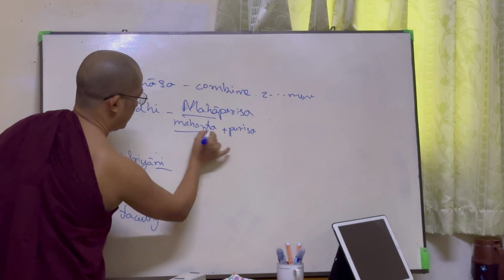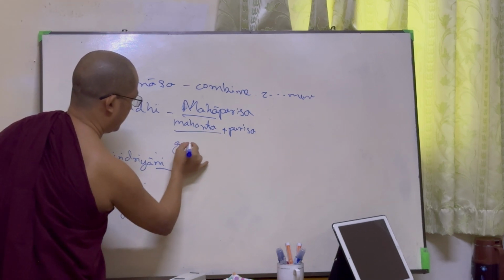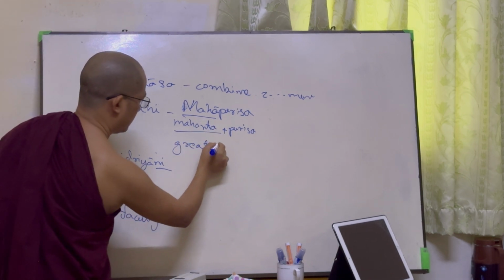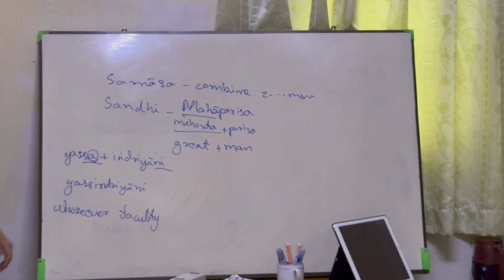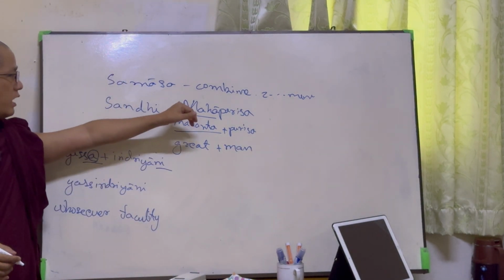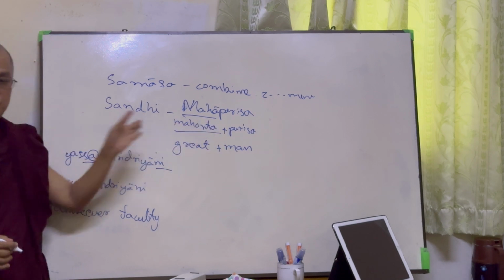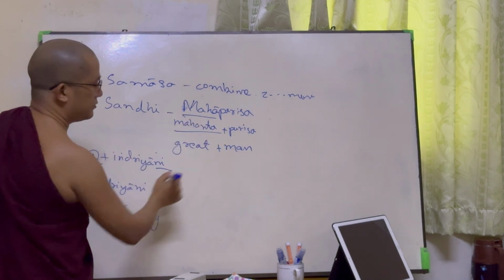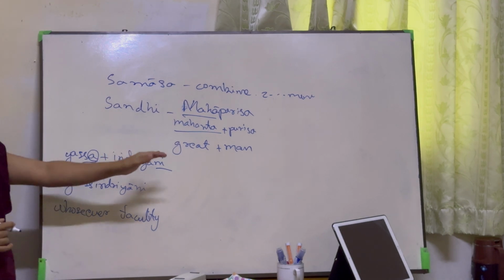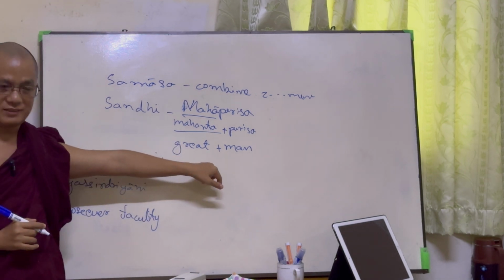This Mahanta means the great. Purisa means the man or being, something like this. Therefore, when the Samāsa combines, it also combines the case ending and drops it. In this way, the combination method is not the same.